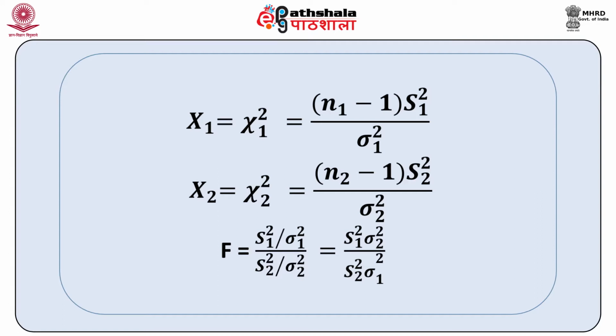Now substituting the values of x1 and x2 in equation 1, we obtain F is equal to S1 square divided by sigma 1 square whole divided by S2 square upon sigma 2 square, which on simplification is equal to S1 square into sigma 2 square upon S2 square into sigma 1 square. Now this is our equation 2.